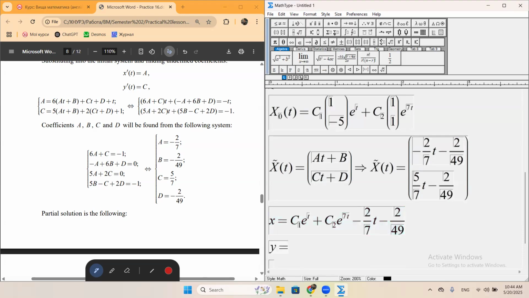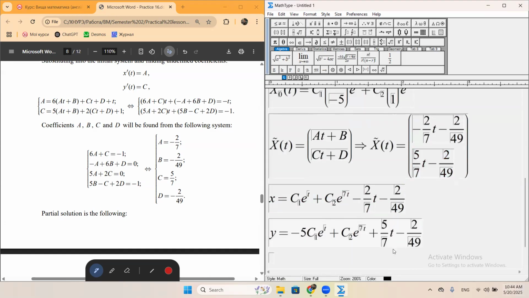And y equals minus 5 C1 e to the power of t plus C2 e to the power of 7t and plus this partial solution. So this is the generic solution of the system.